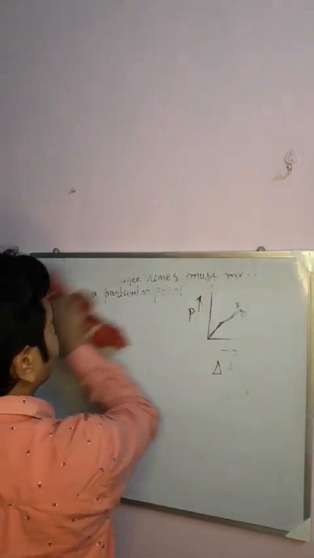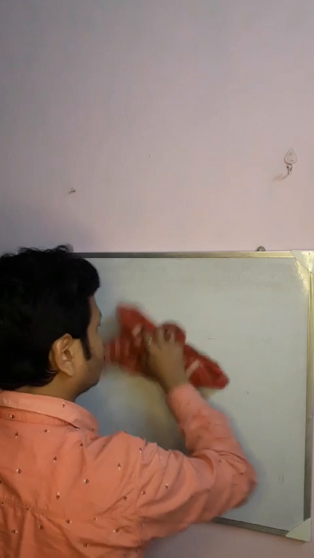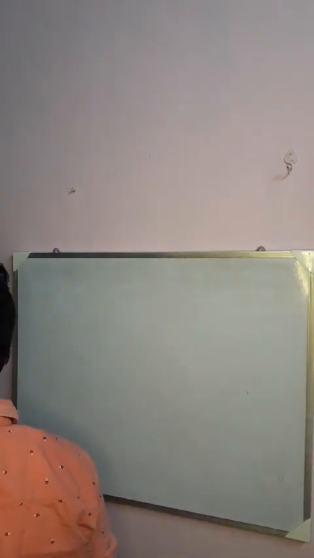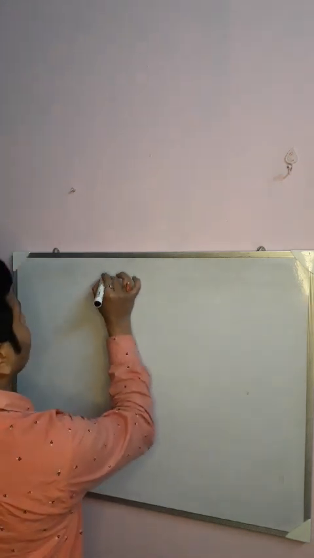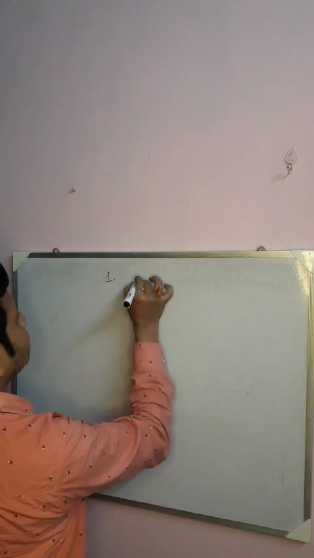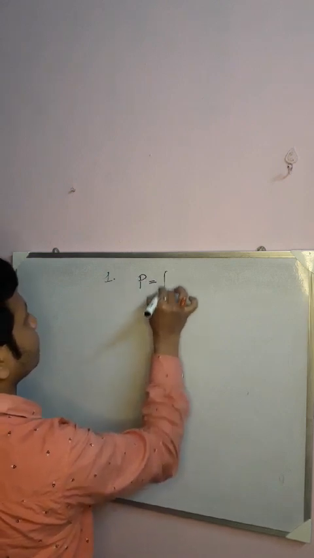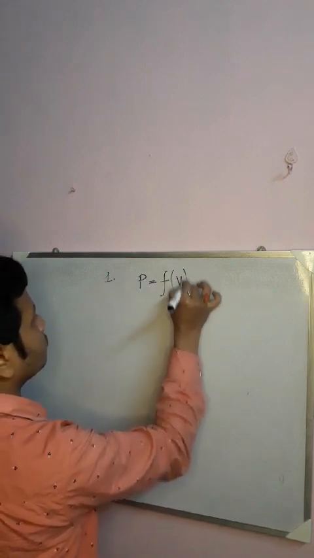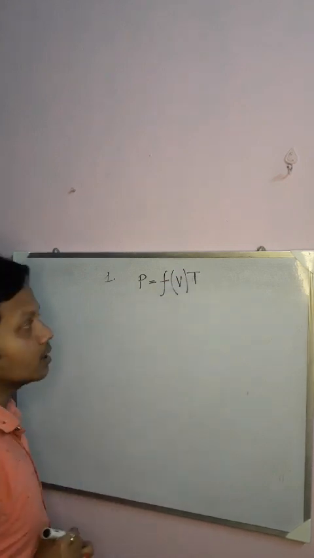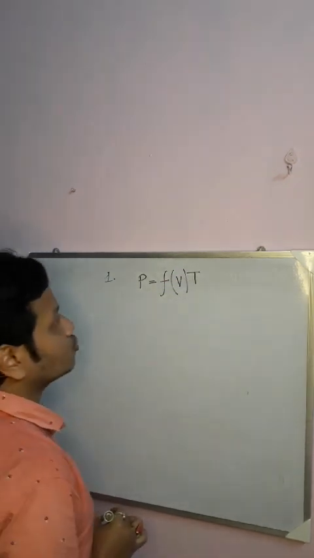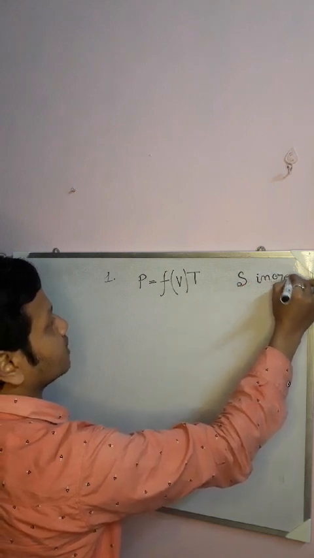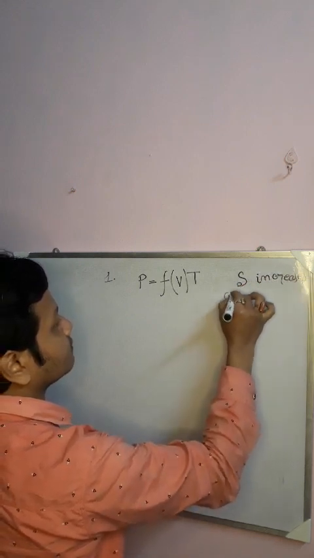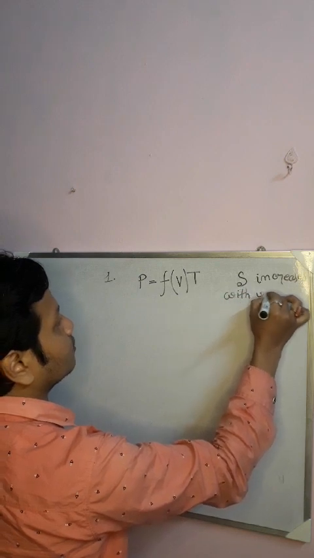Now let us do 2 problems. The first problem is that, given that P, the pressure, is given in the form f of v into T, where f of v is a function of v, we have to show that entropy increases with volume.